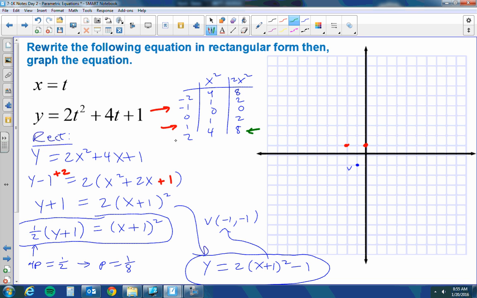And then if I'm 2 either side of the vertex, normally I'd go 2 away, and then 2 squared is 4 above, but the 4 got doubled, so the y value is 8 above. And the symmetric point goes there, and you draw your parabola.